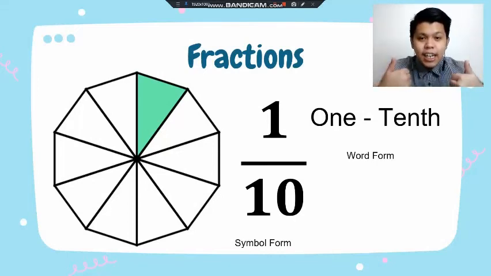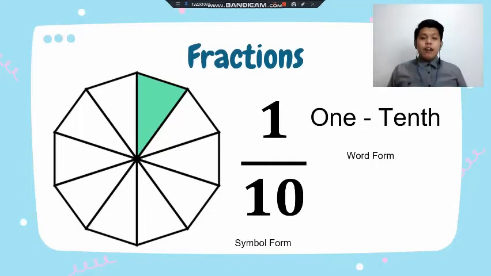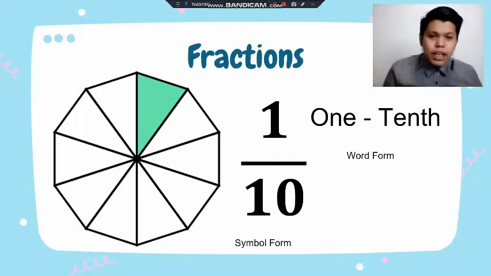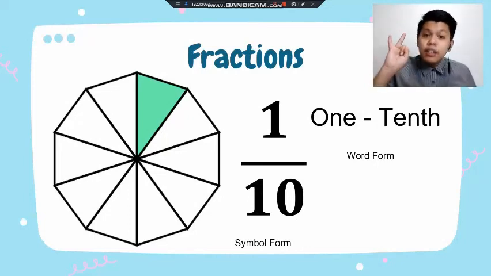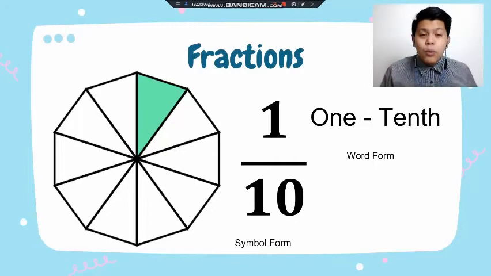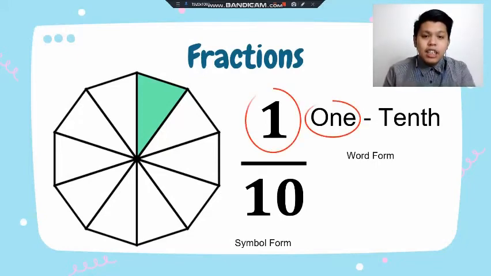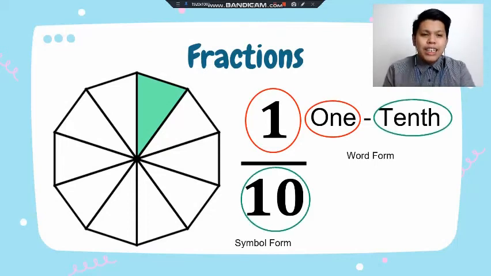Is that clear? Now let's try to recite from 2 up to 10. So we have 1/2, 1/3, 1/4, 1/5, 1/6, 1/7, 1/8, 1/9, and 1/10. So don't forget that one. Again, you will always say first the numerator, then our denominator.